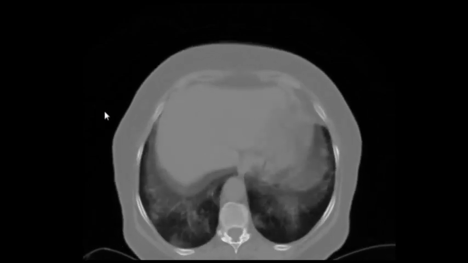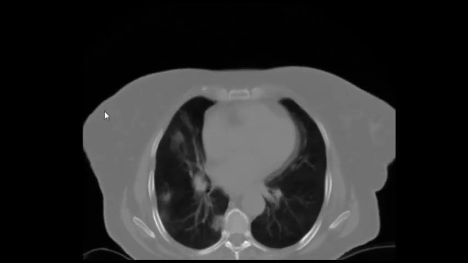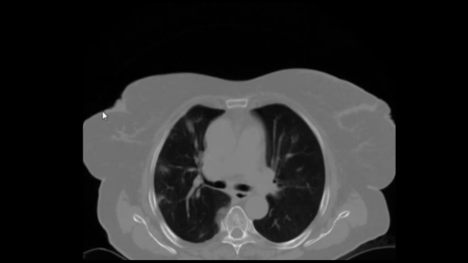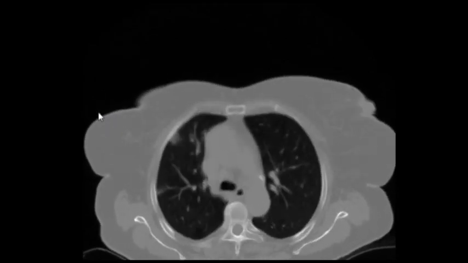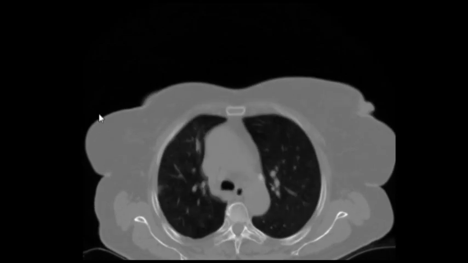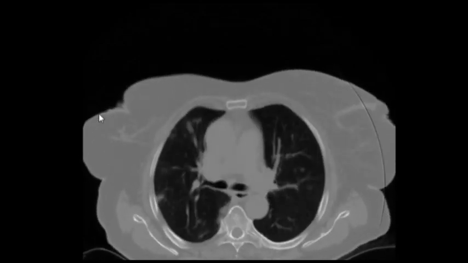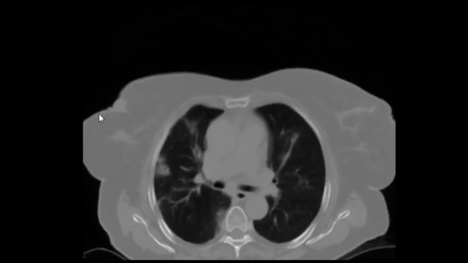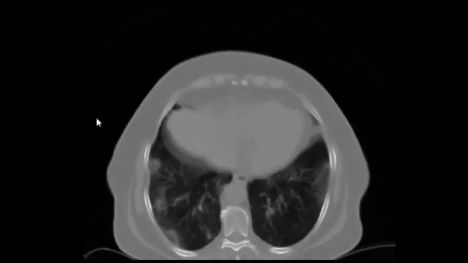Multiple patchy ground glass opacities in the lung bases and mostly peripheral.